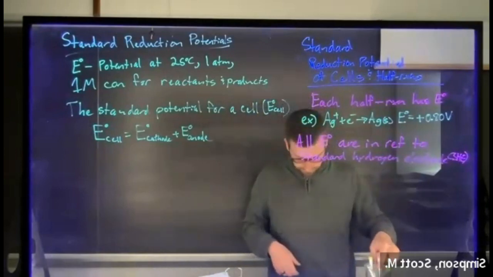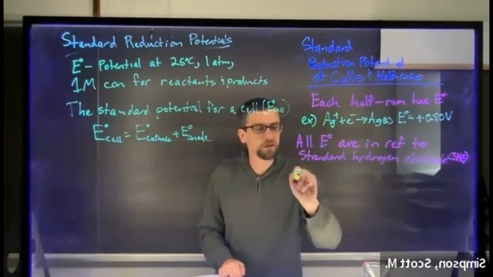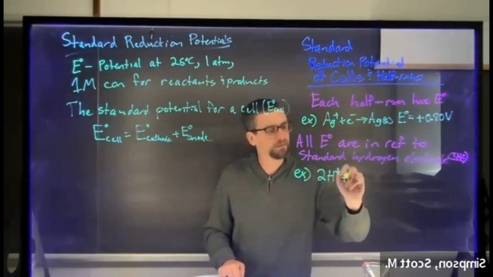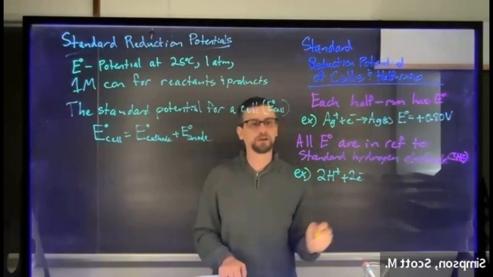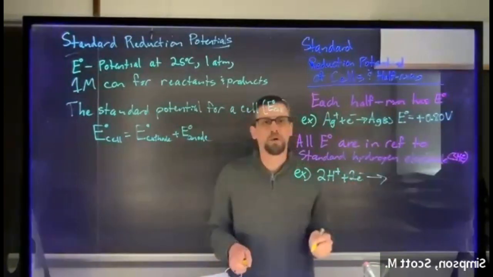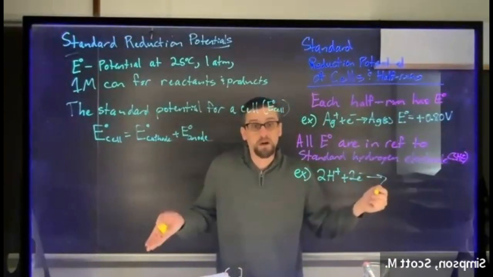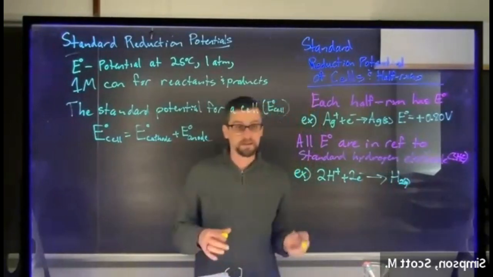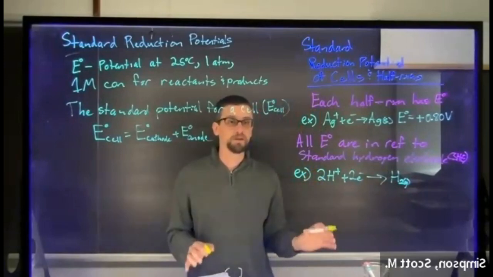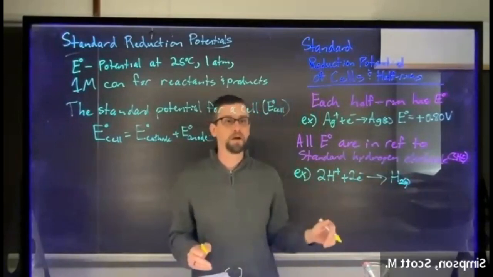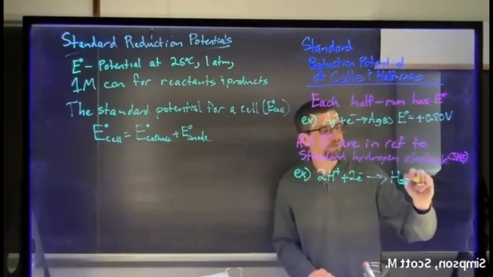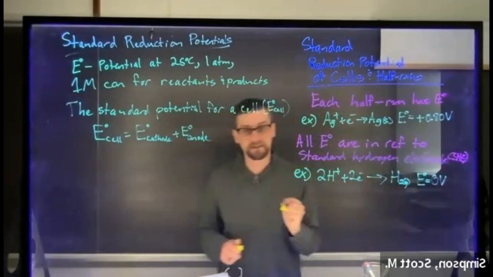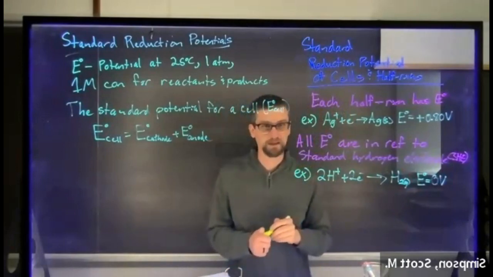So what is this reduction? It's just the reduction of hydrogen. We have two H plus, we add in two electrons, and from this we get molecular hydrogen, H2 gas. Since this is the reduction potential that everything is compared to, this will have an E naught of 0 volts, exactly 0 volts.